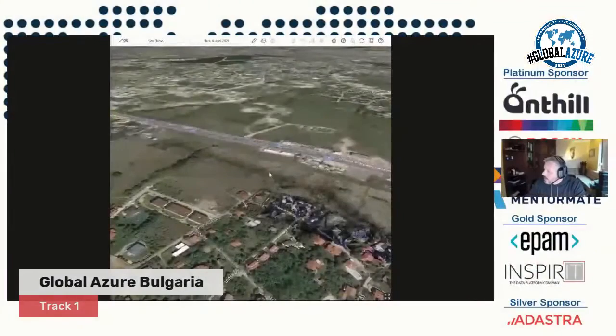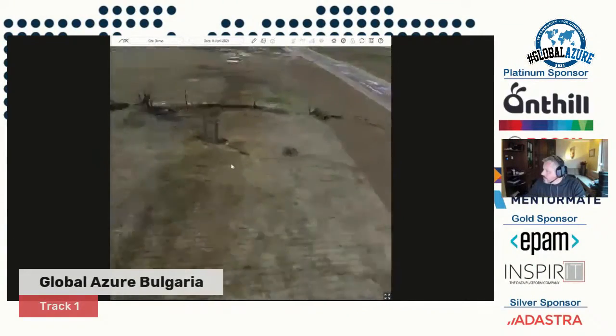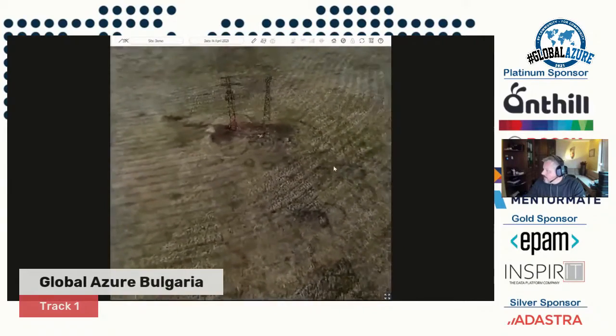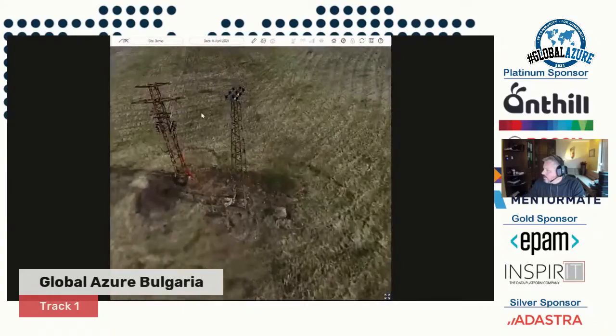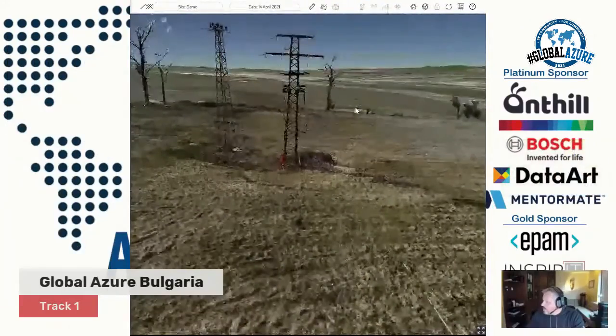Yeah, hopefully you can see it. So this is the part of Sofia where we took a piece of Sofia and we started connecting a representation of real objects. As you can see, those are real objects that we want to be able to enrich with data and allow for remote inspection.